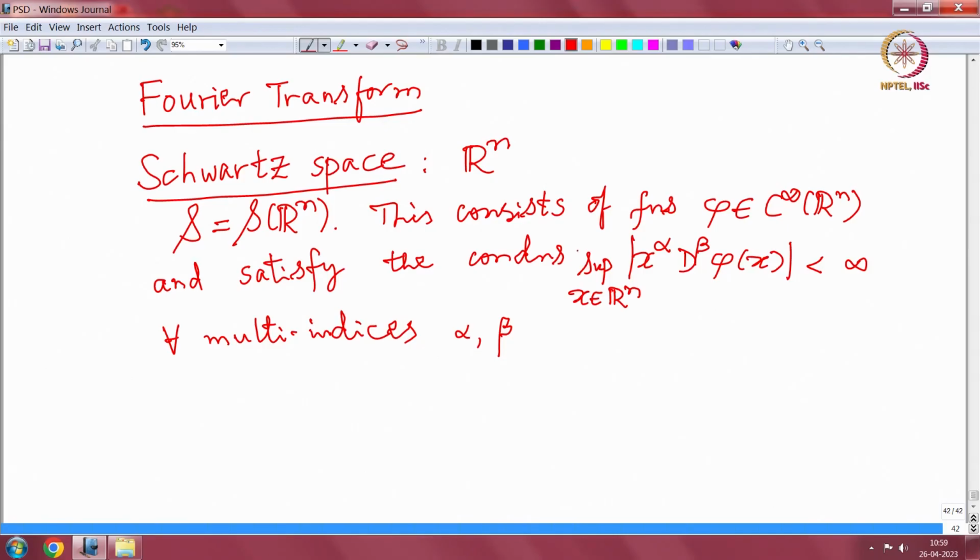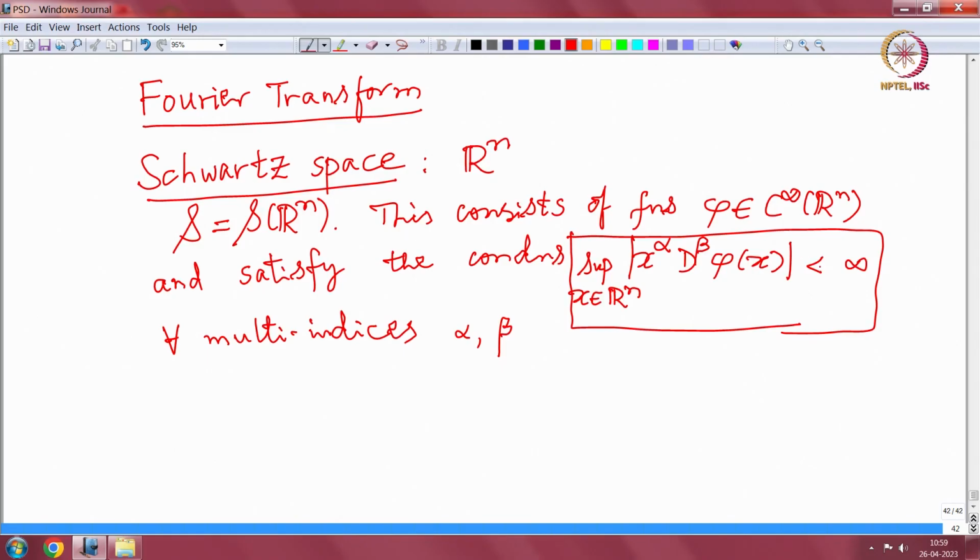Okay, so just have a closer look at this definition. Okay, so we are multiplying any derivative of phi with a polynomial. So this polynomial and order of the differentiation are arbitrary. So they are all finite, but they are arbitrary. And for all these, you multiply this derivative by the polynomial and take the supremum over x in Rn.